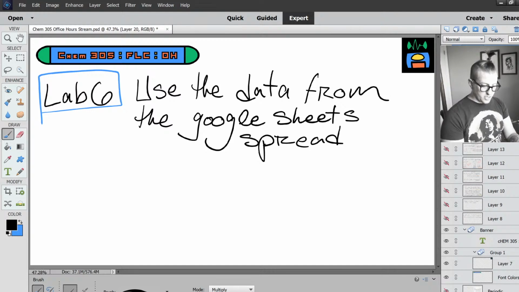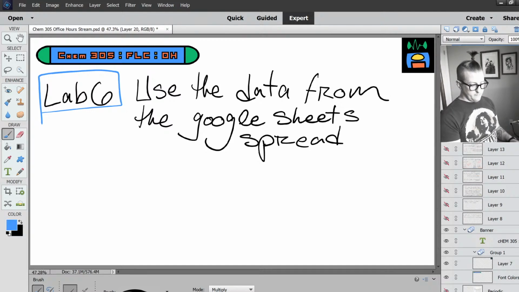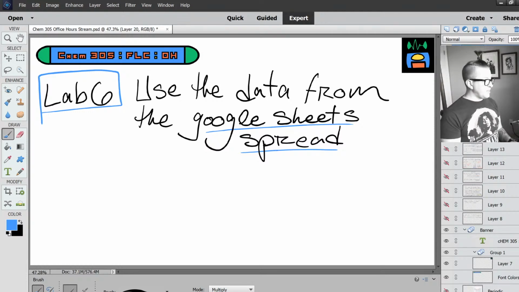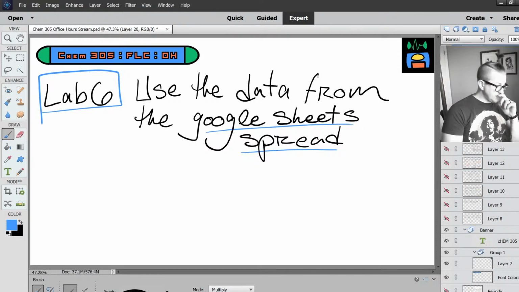This is one of those labs where you're not recording the numbers that they got themselves. In the lab video, you're using the dataset provided by the link to the Google Sheets spreadsheet.